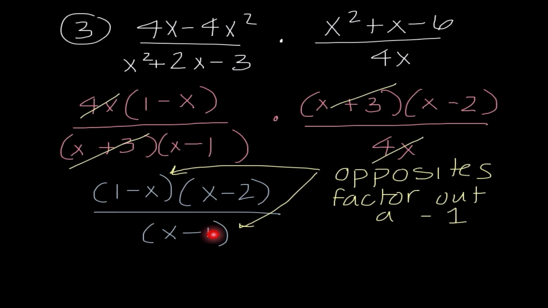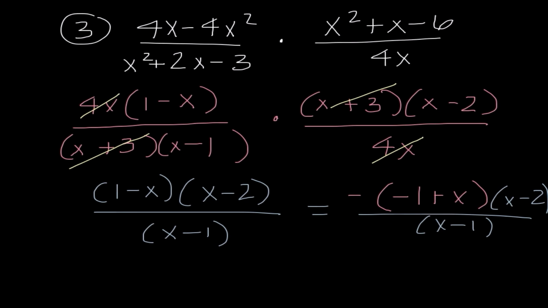Okay, because if I factor out a -1, it's going to make these equivalent to one another. So I decided to choose the numerator here, and 1 minus x, when I factor out a negative, the 1 becomes a -1, the negative x becomes a positive x. And all of a sudden, I notice that -1 plus x is exactly the same as x minus 1. So I'm canceling those out.